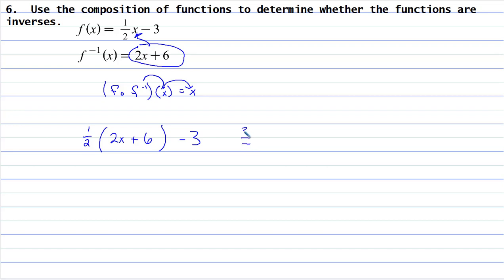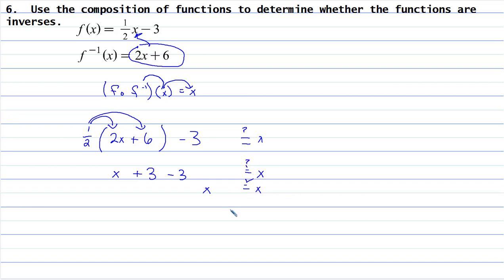And I should come up with x. So let's see if that works. Distribute both of those. 1/2 times 2x is going to give me 1x. 1/2 times 6 is going to give me 3, minus 3. And 3 minus 3 is 0. So x equals x. That one did check out.